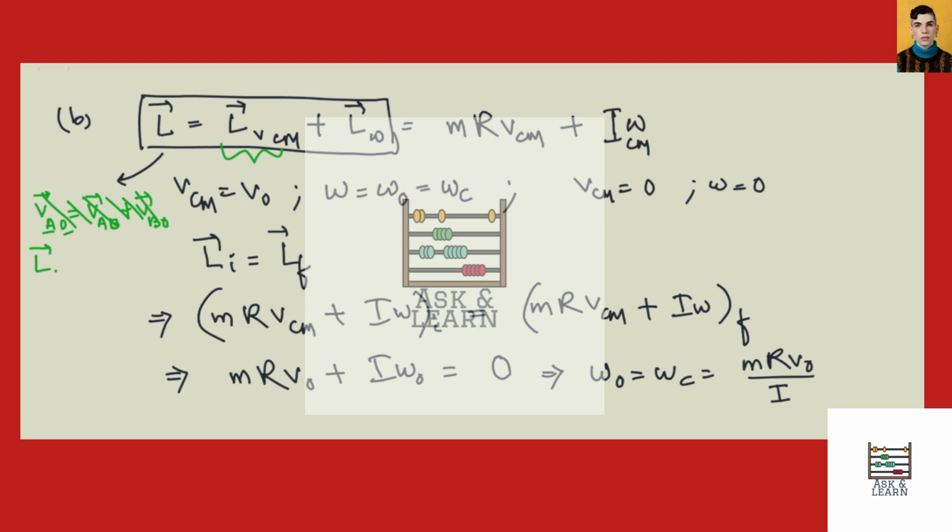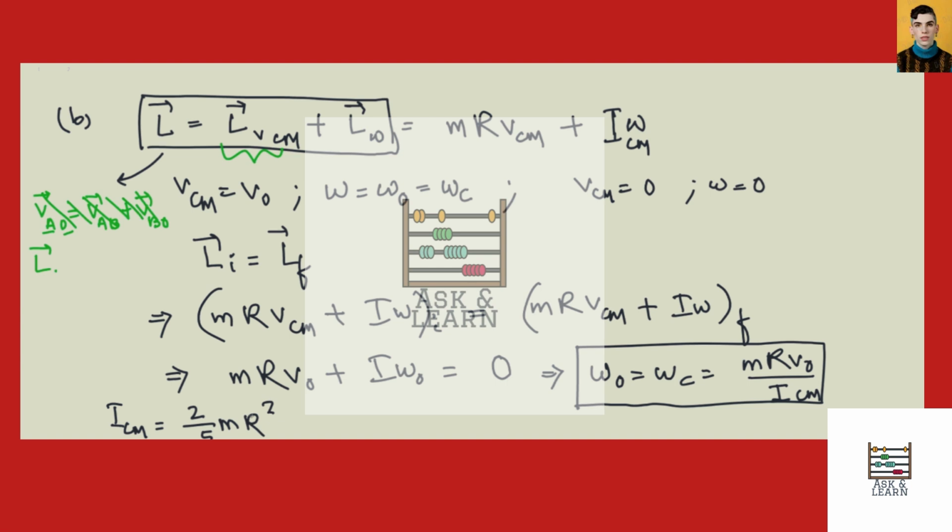Now we have the initial angular velocity, and I is the moment of inertia about the center of mass. Now we know that the ball is spherical, so the moment of inertia about the center of mass is 2 by 5 m r square.